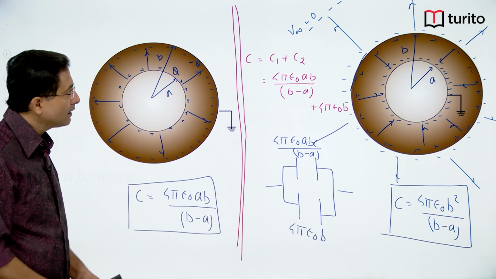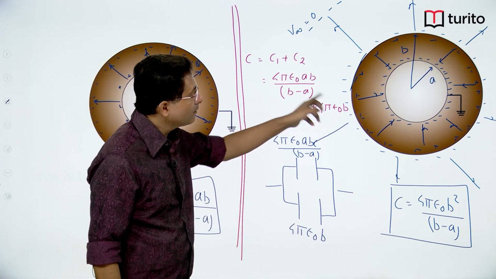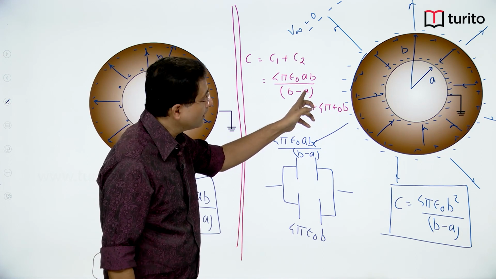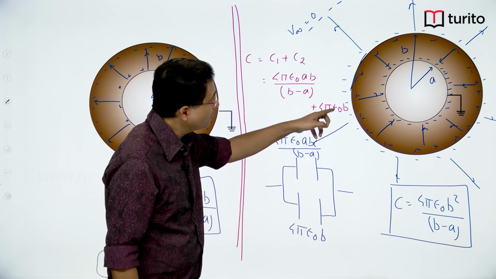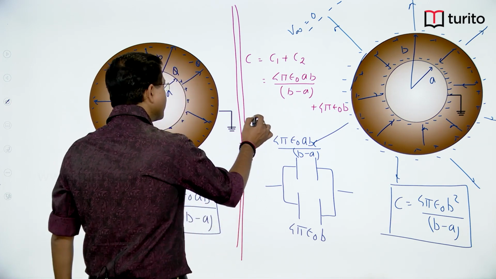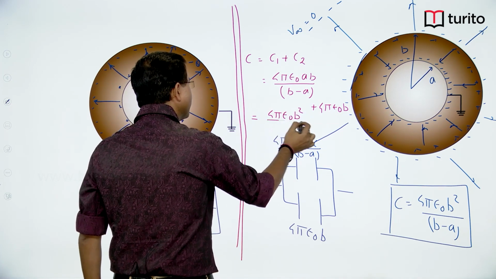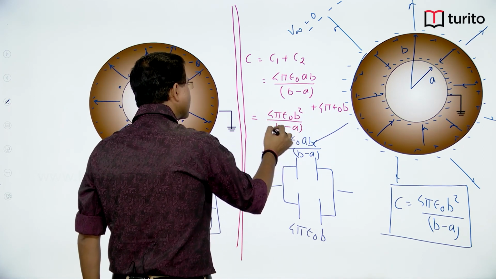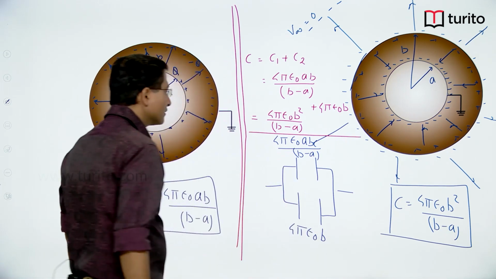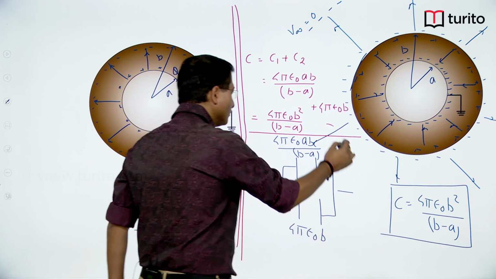Now, if you simplify, as you can see, here we have B minus A, when you multiply it here, this will become B square, and another term you are going to get is minus AB. That minus AB will get cancelled out by plus AB, and after simplification we can see that 4 pi epsilon naught B square divided by B minus A is coming, right. This is what we derived there.